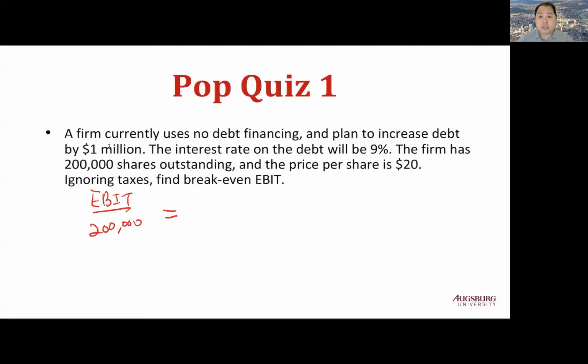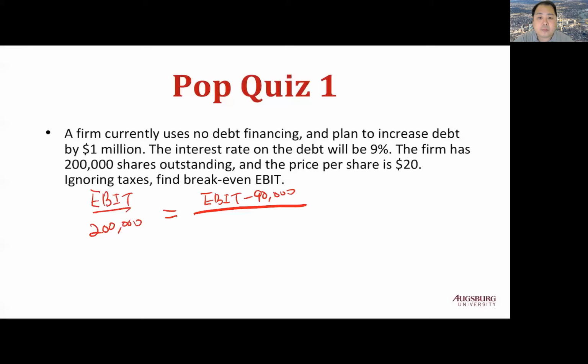After restructuring, interest expense will be generated by 9% of debt, $1 million times 9%, $90,000. So the numerator is EBIT minus $90,000.